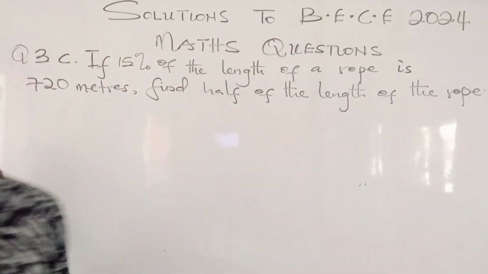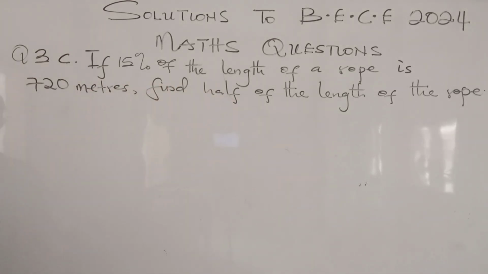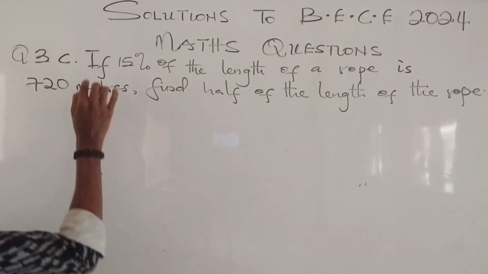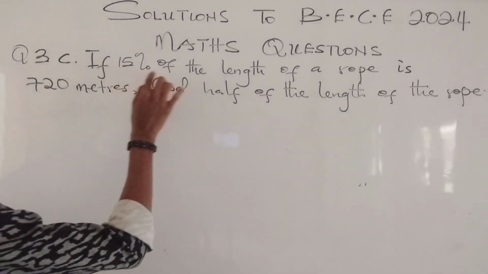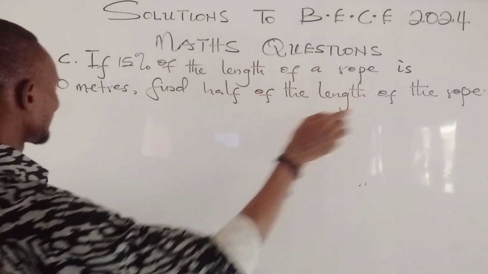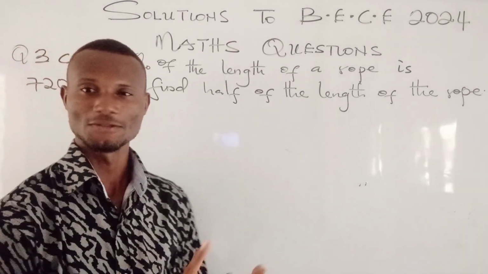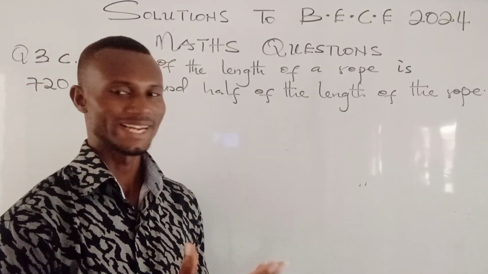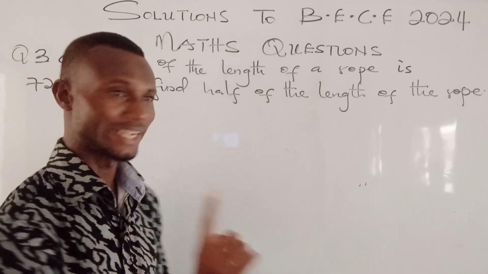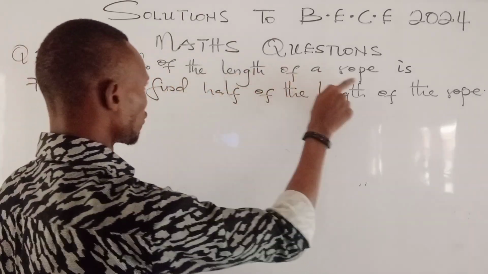As we are reading, we are going to write down the given information in the question. It says that if 15% of the length of a rope is 720 meters, first of all, we don't know the length of the rope.